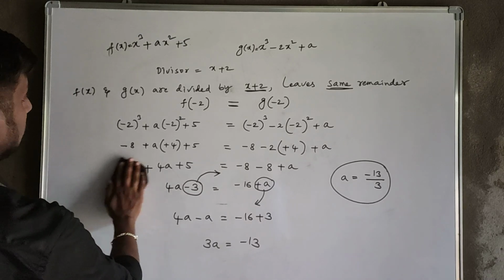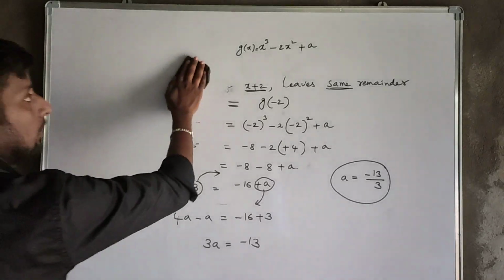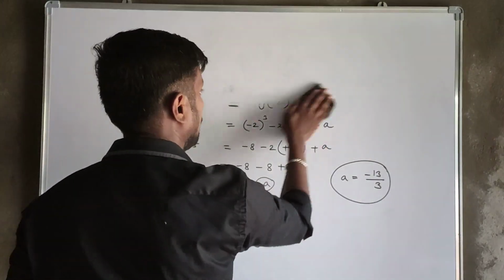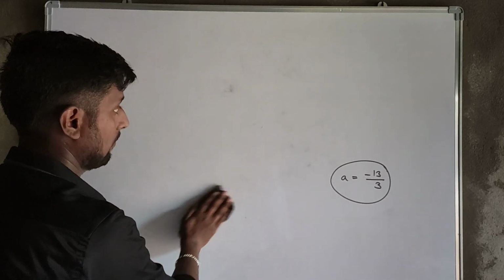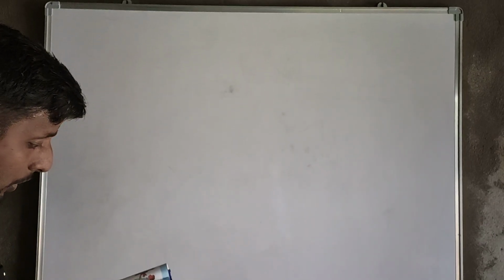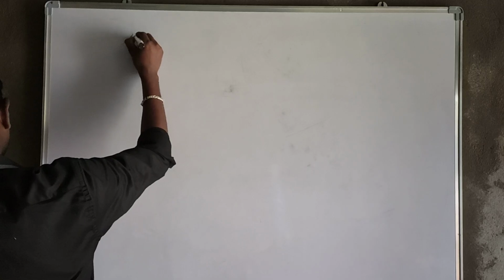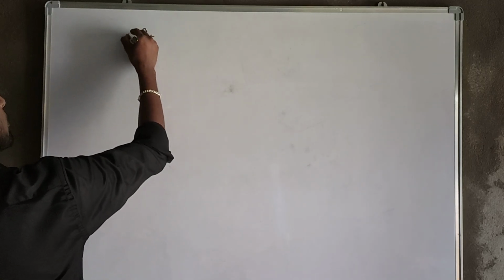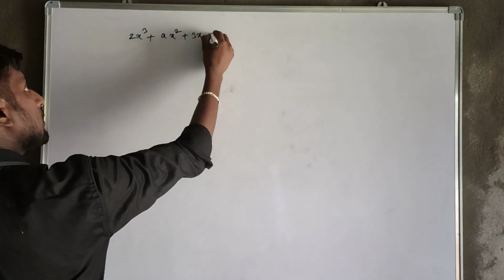Look at this problem now. This problem tells us the first polynomial is 2x cube plus a x square plus 3x minus 5.